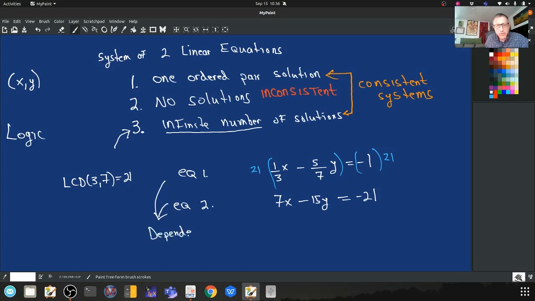And that's something I want you to recall, because I would much rather work with equation 2 than equation 1. And equation 2 was derived by clearing the denominators of equation 1, so its graph is identical to that of equation 1.